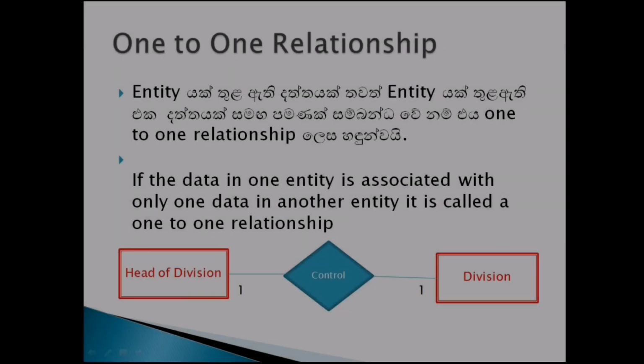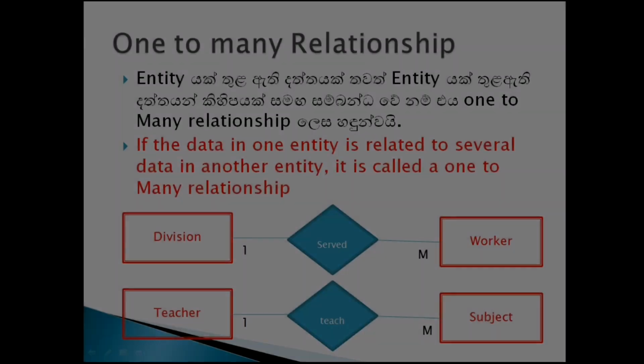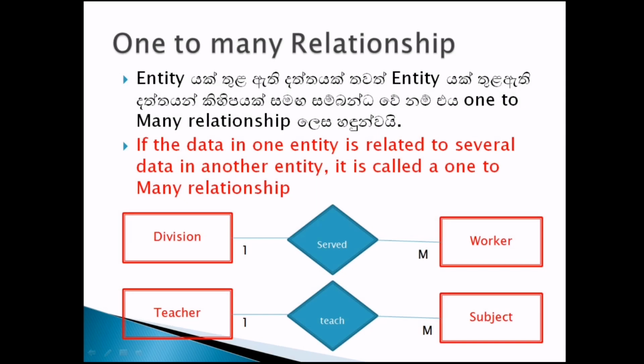Example, this is a head of division entity. This is a division entity. Head of division controls division. This has a one-to-one relationship.